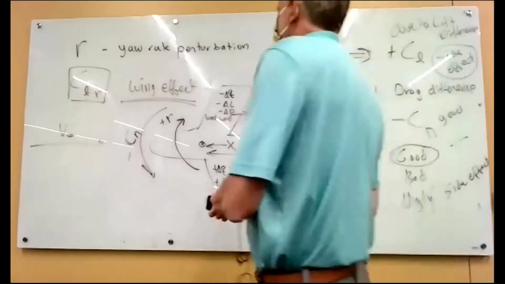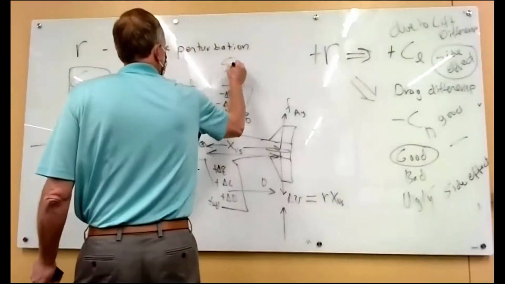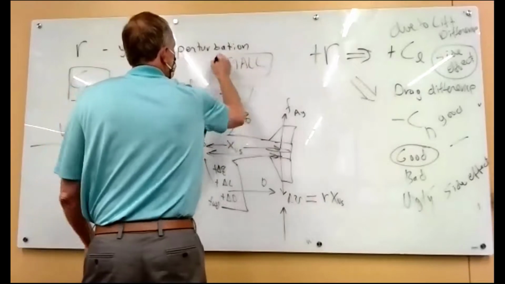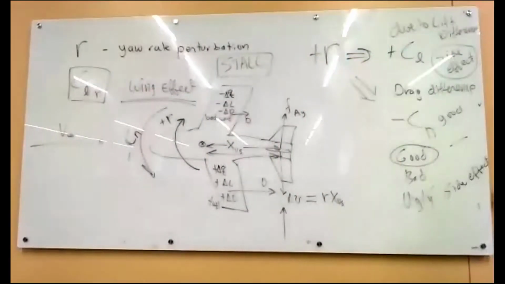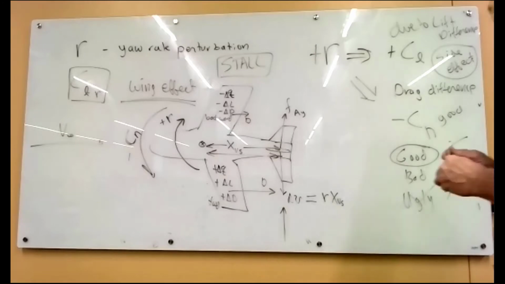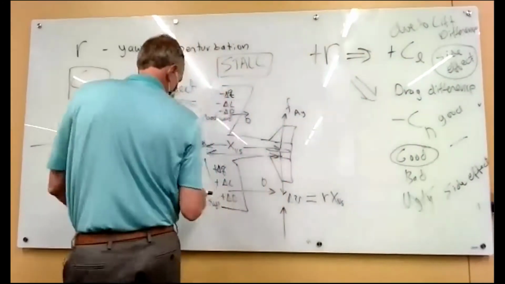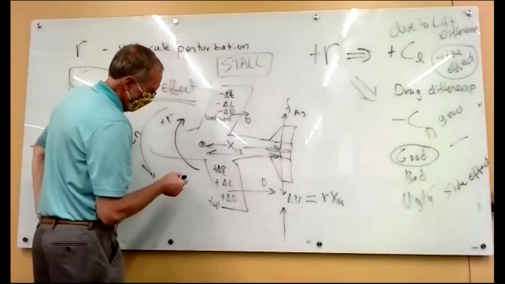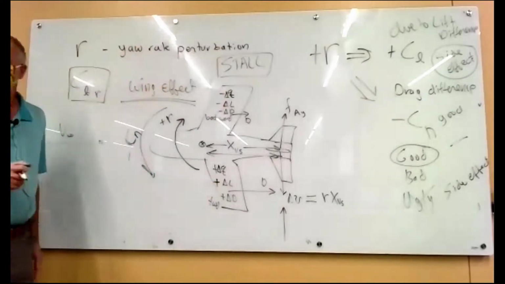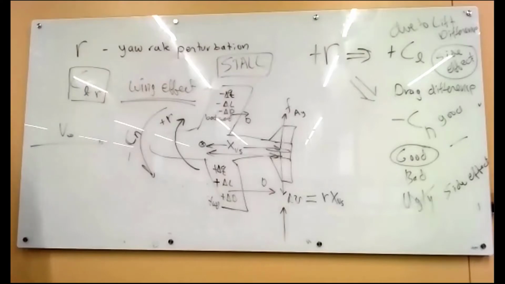How about if the wing is stalled? So we're talking about the wing now. How about if we're stalled? Because we looked at this with regard to the roll. Is that going to change things? Hint: if you're ever asked if stall changes things, what should the answer always be? Yes, it does, because stall's a huge change. So in a stalled wing, if this wing is moving forward, then that may change whether the wing is stalled or not.